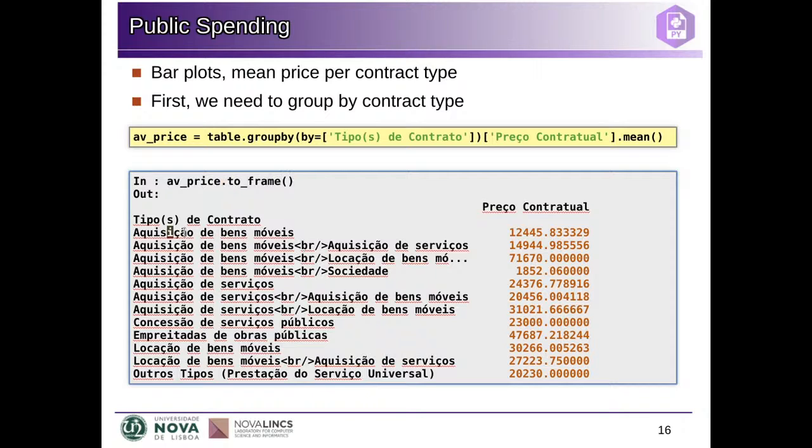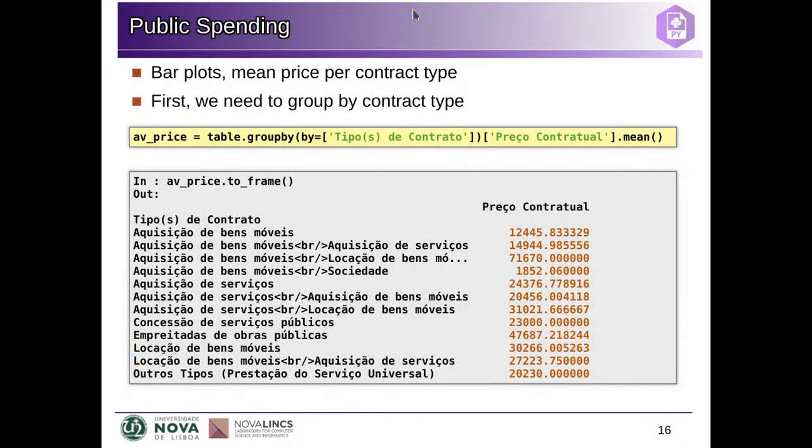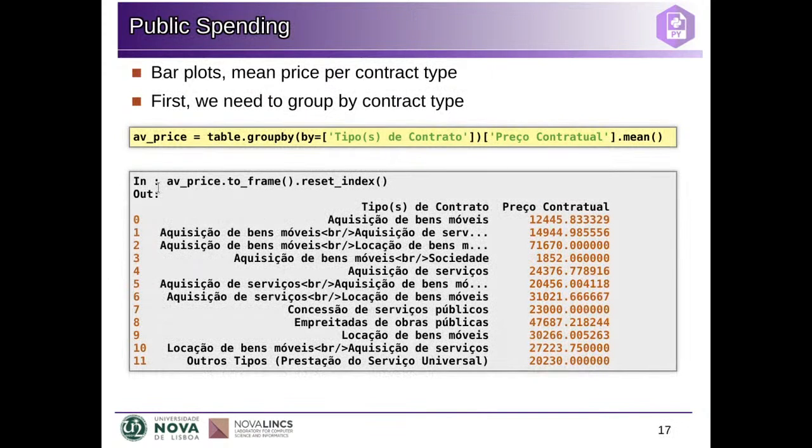And now we have this column with the type of contract and the price here. So basically, if we reset the index now, we have this type of contract in a column, because originally it would be the index.